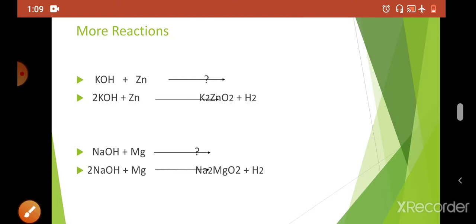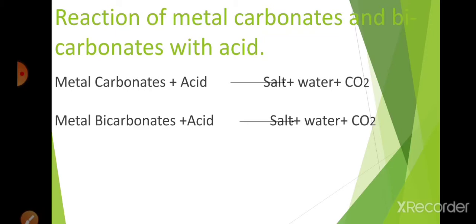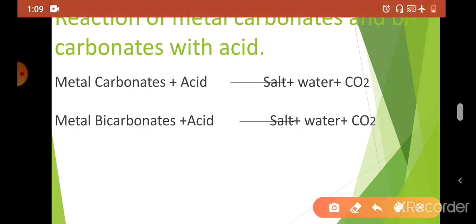Going to the next property. This one is the reaction of metal carbonates and bicarbonates with acid. So write down property number 3, reaction of metal carbonates and metal bicarbonates with acid.